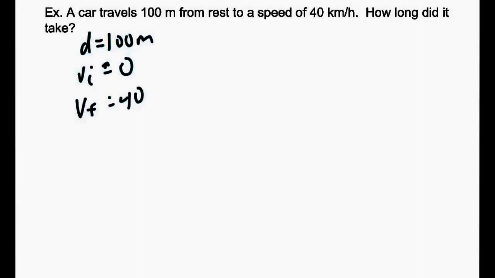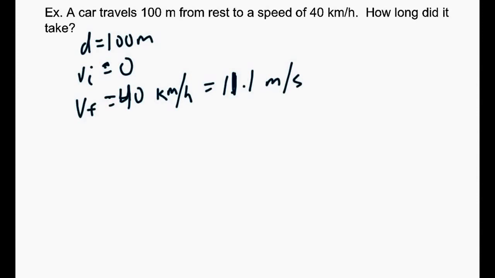But remember, that's in kilometers per hour, so we want to change that to meters per second. On your calculator, divide by 3.6, and we get 11.111 repeating. Make sure you keep all those decimals when you do your calculation so that it's as accurate as it can be. And the question is, what is the time?